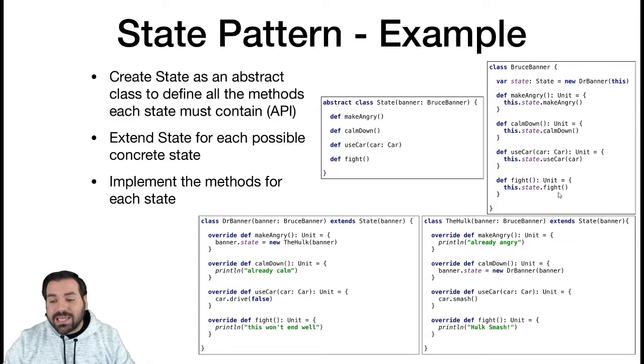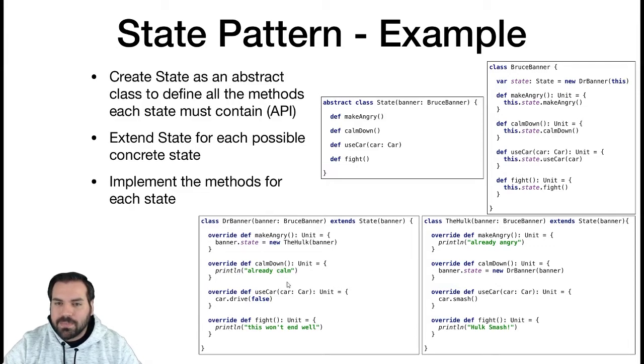Once we have all that set up and we get to the point where we're implementing these methods and actually building and coding the functionality, it's really easy. I'm going to skip this one for now, this one and this one. We'll talk about those in a second. But the other methods, calm down. What happens when you calm Dr. Banner down? These are the kind of questions you're going to ask.